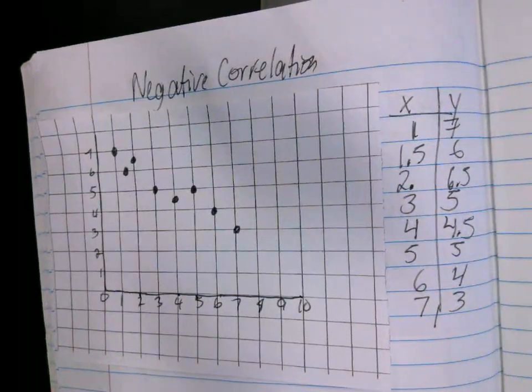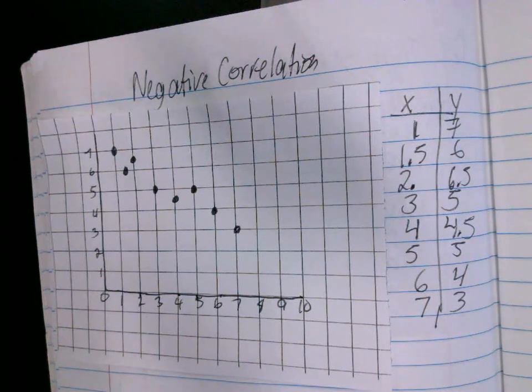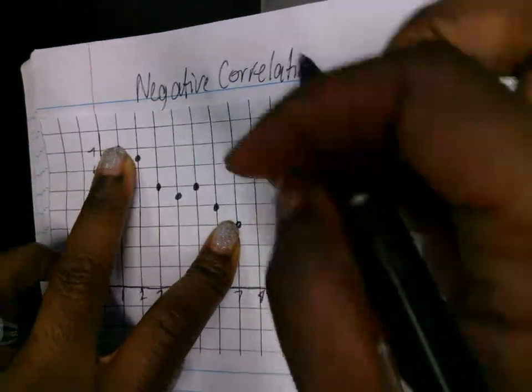What 2 points do you think we could use here in order to draw a line of best fit? 1, 7, and you said 7, 3? Yeah, you're probably right.